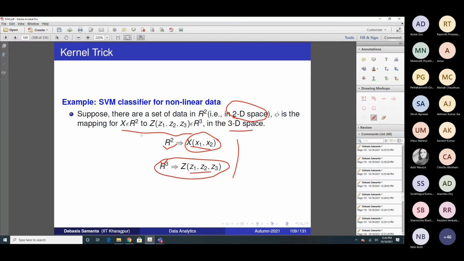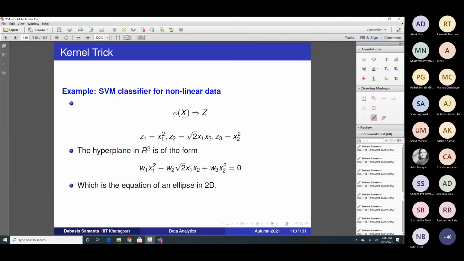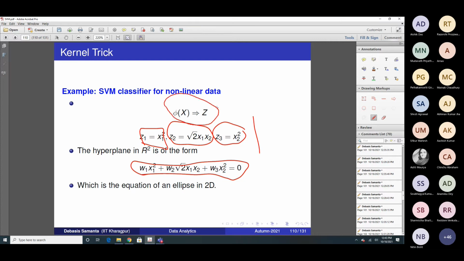Now here again this transformation is there. What is the transformation? Coming to this expression, suppose this is your nonlinear boundary, and here we use this kernel 1, and this another kernel, and this another. So overall this is the kernel trick that you can apply, and then we can transform from the X region to the Z region, and that is your kernel function phi.